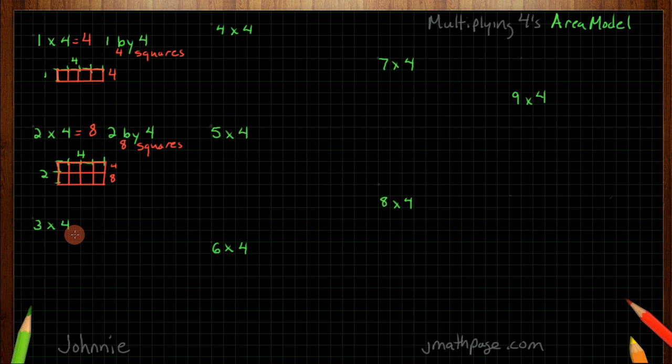Let's look at 3 times 4. 3 times 4 can be thought of in terms of a rectangle that would be 3 by 4. Let's draw it out. So we need a measure over here of 3, so we have 1, 2, 3. And across the top, the length, let's see, 1, 2, 3, 4.